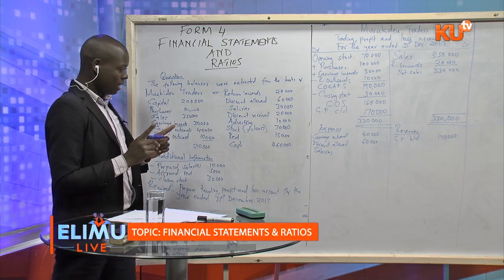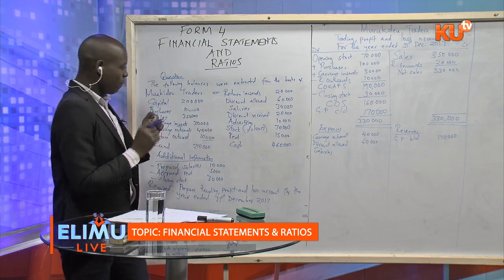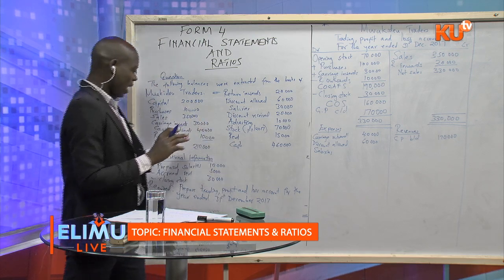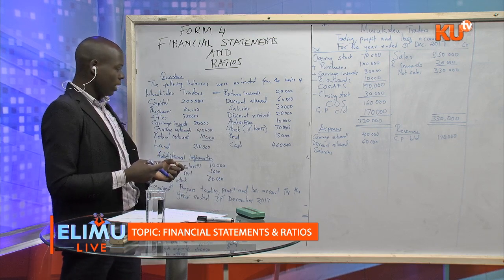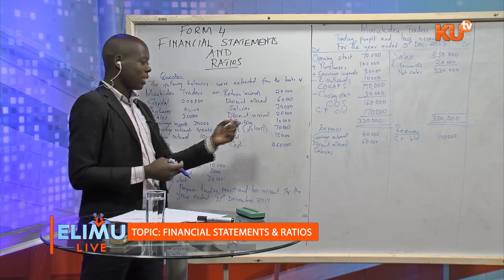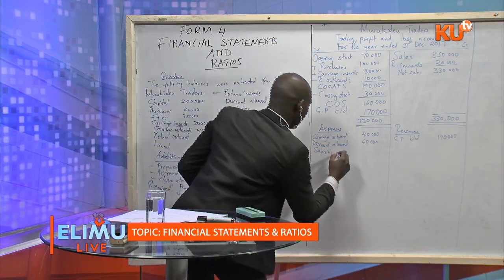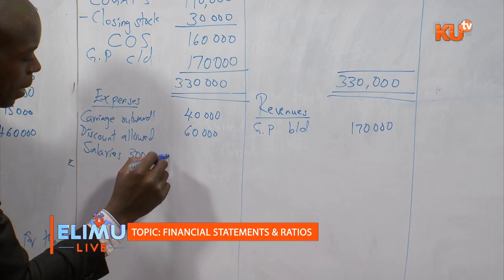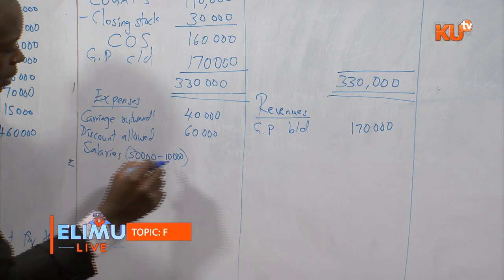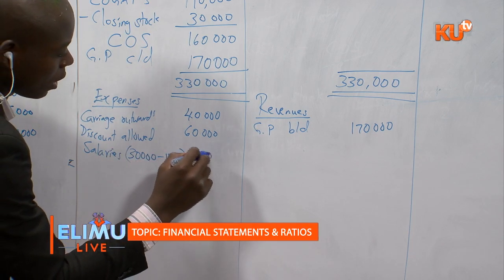We have to make an adjustment because we have the value for the salaries within the year, and then we had made prepayments before. So we had made prepayments of 10,000 and the figure is 30. So we said when you have prepaid expense, we simply subtract. So take 30,000 minus 10,000, and then that gives us our figure now, 20,000.